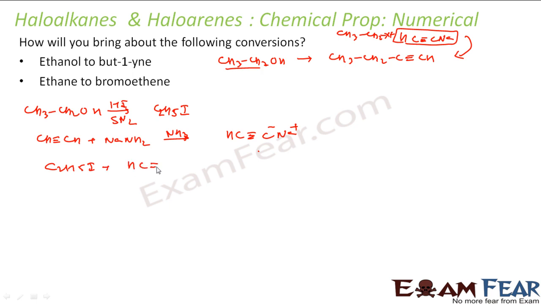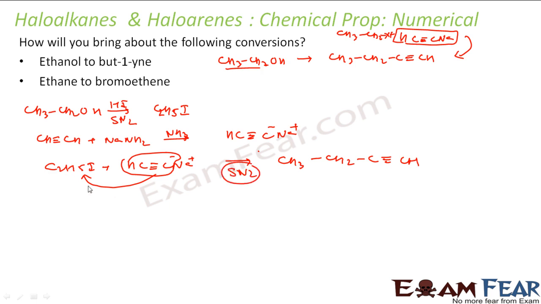Since it's a very strong nucleophile, it will replace iodine and form butyne, and this reaction will be an SN2 reaction. Again SN2, because a very strong nucleophile is replacing iodine.